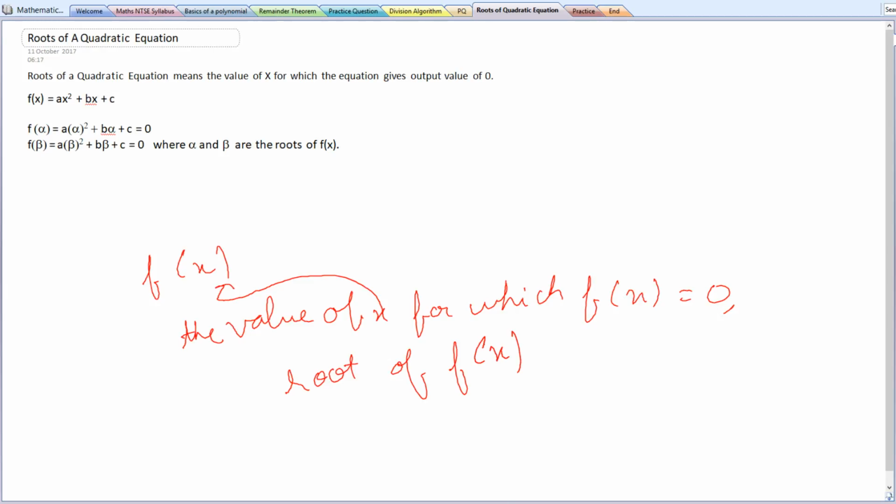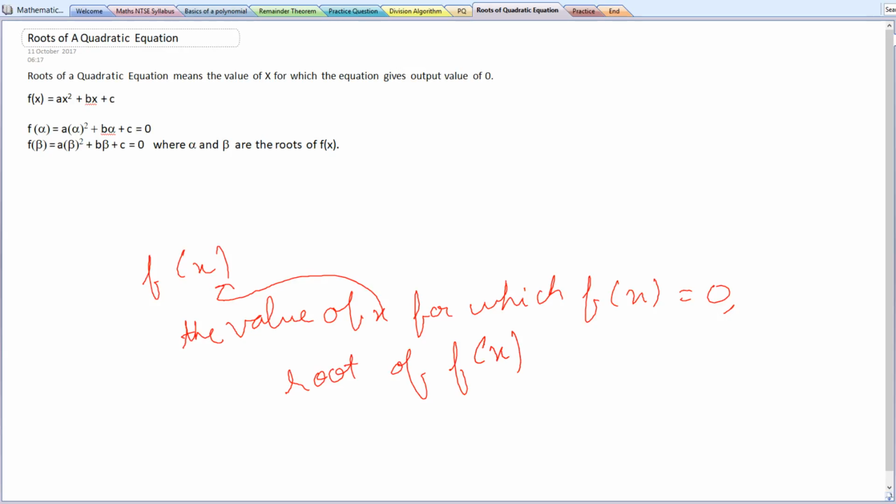So the root means any value of x, it can be another variable, a constant, or something else, for which our output fx is equal to 0. That value of x is known as the root of the equation, the root of the polynomial.